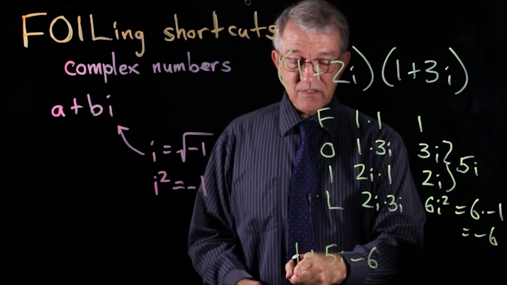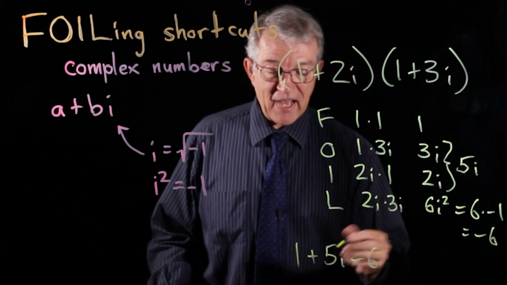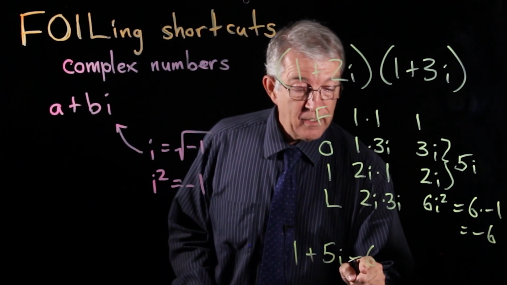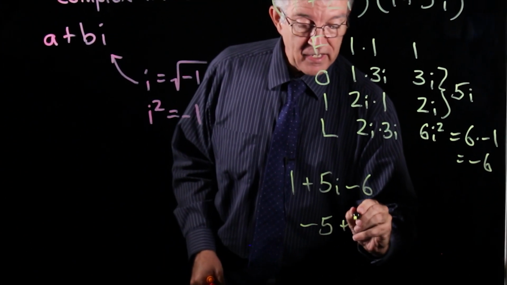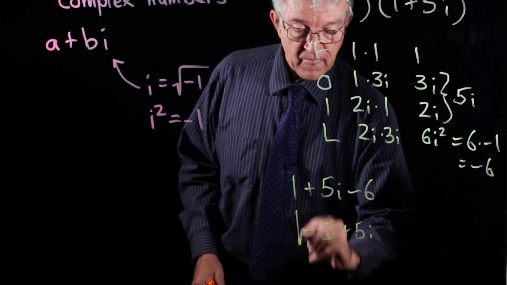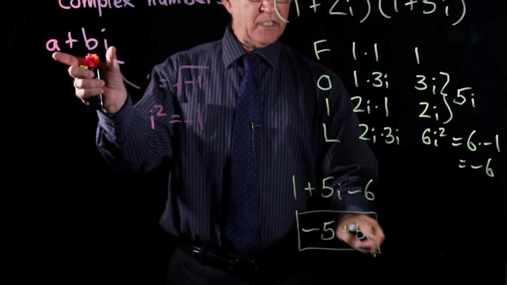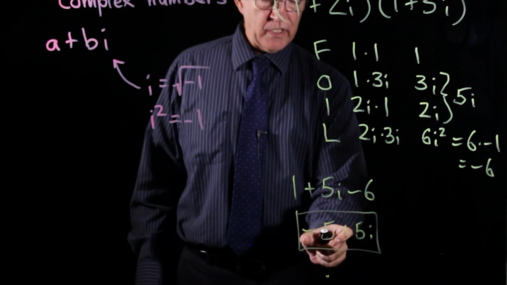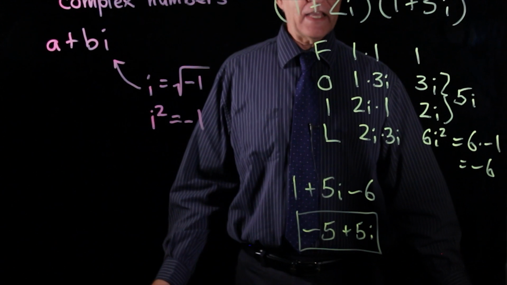But not this, because the 1 and the -6 are both real numbers, and we need to combine those. And so 1 minus 6 is -5, and then the 5i, the imaginary part. And there's our final answer, and you can see that it matches the form a plus bi. So there's the real part, there's the imaginary part. I think this takes way too long.